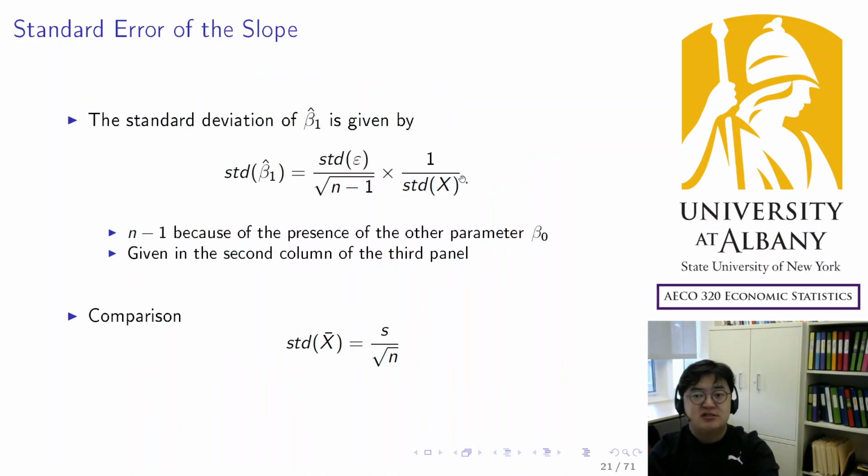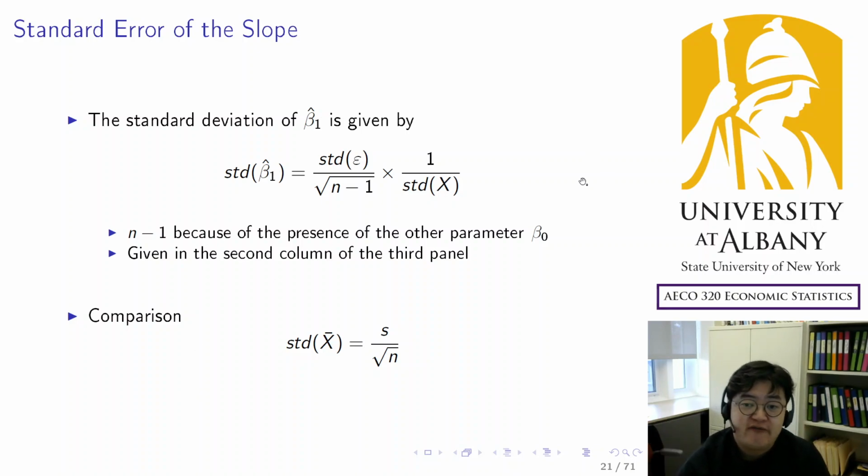In other words, when you have a variable x and you try to estimate something, you'd like to vary x. That is the basic idea of an experiment. When you vary x, you'd like to see how much y changes. That is an experiment. So variation in x actually helps estimating beta 1.